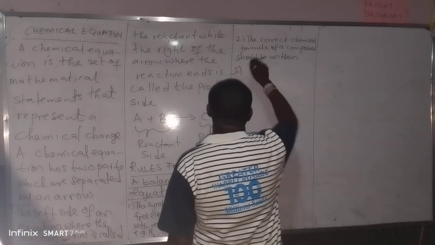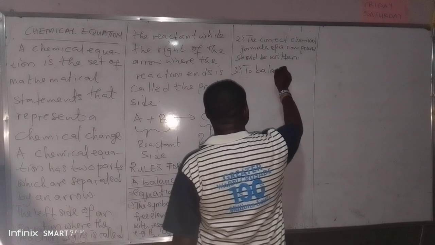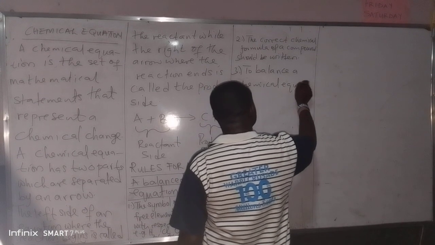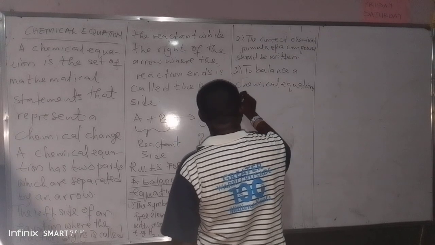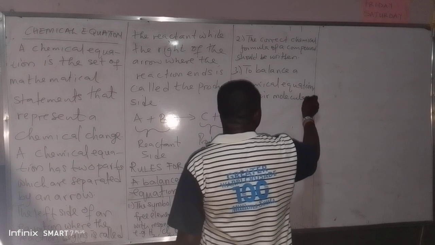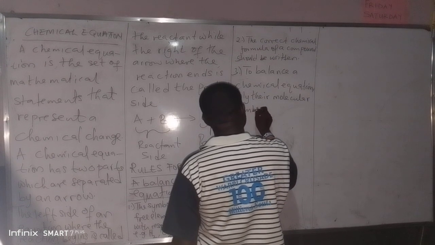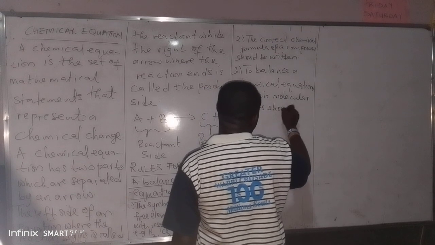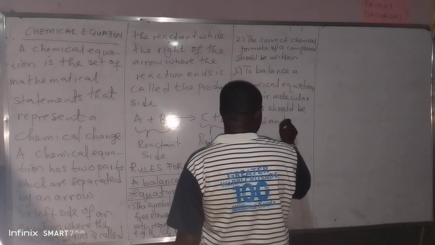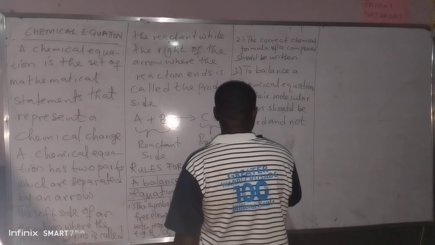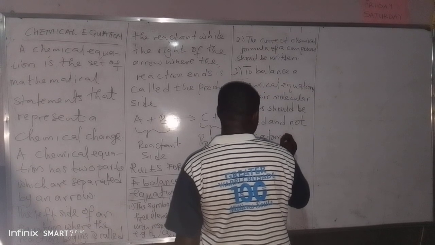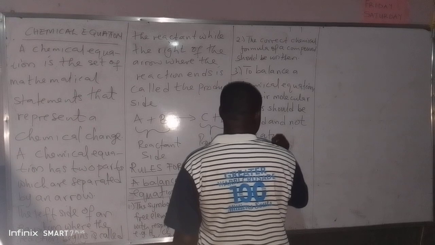Now, number 3, to balance a chemical equation, only their molecular number should be altered and not their atomic numbers, not their atomicity.